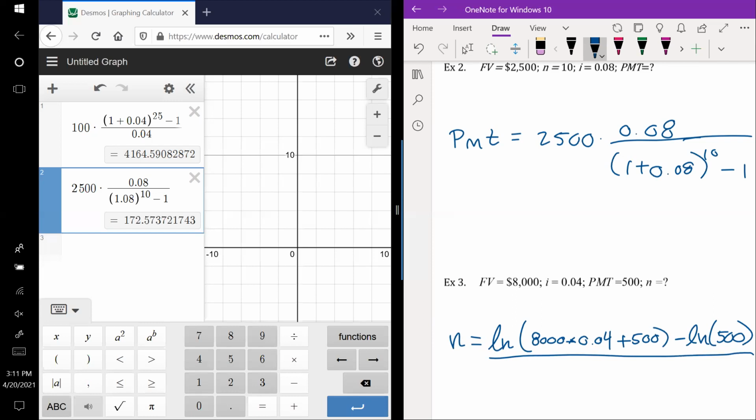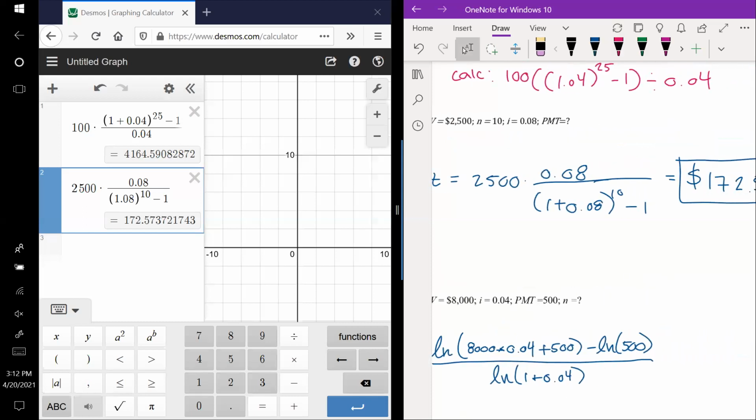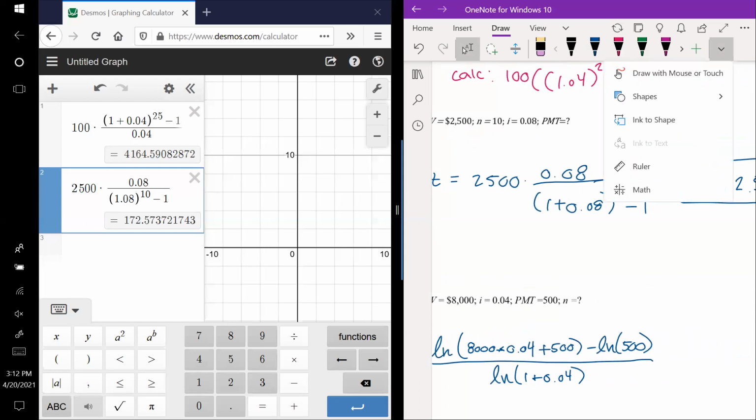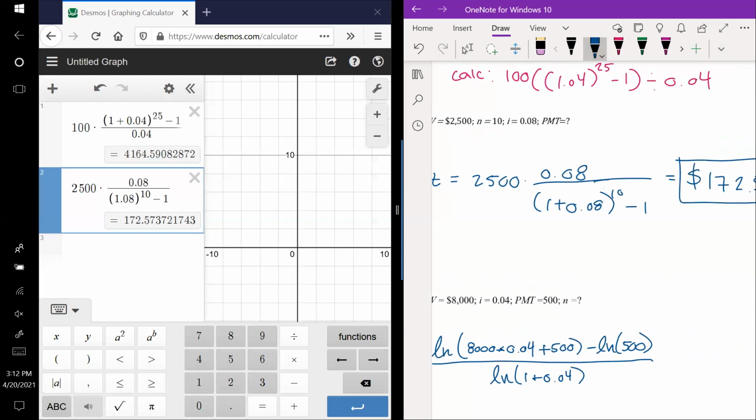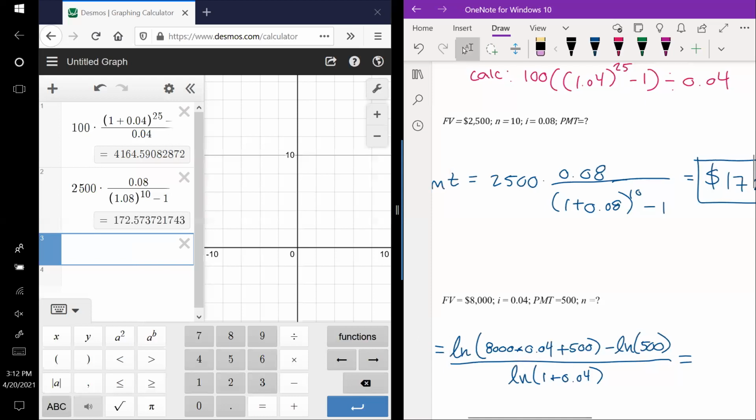All over the natural log of 1 plus your I value, 0.04. Okay, there it is. All the pieces are plugged in where they need to be. And now all we have to do is calculate. And of course, using Desmos, you type it in just like we see it.